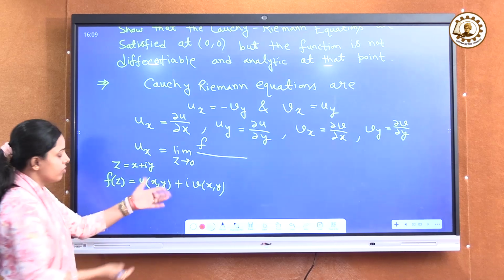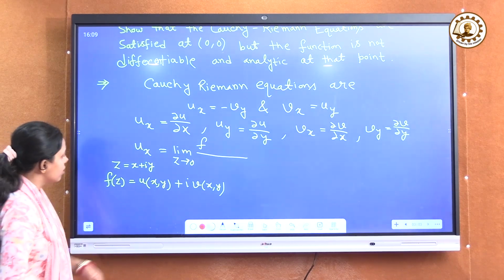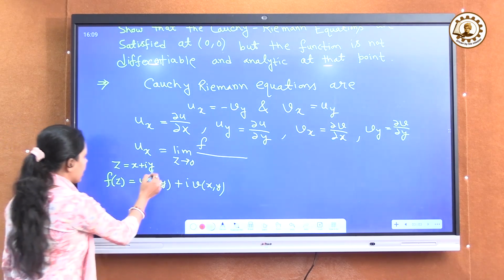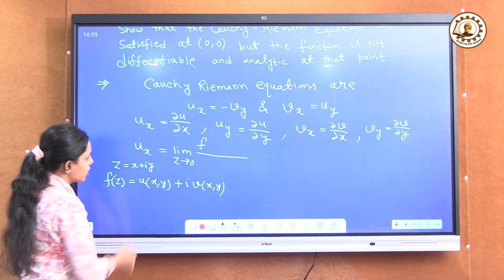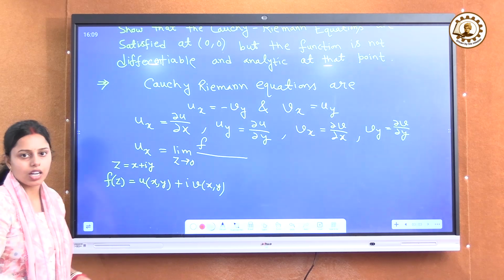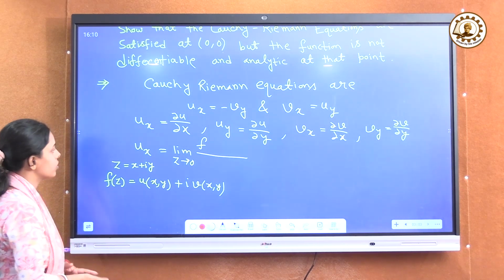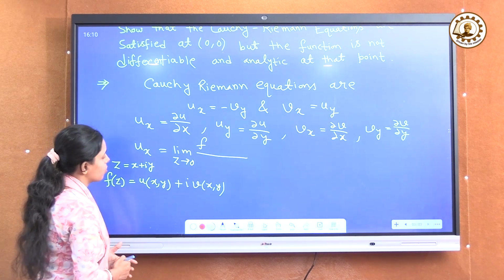Here x and y belong to the real numbers, so u and v are functions of real numbers with respect to x and y.